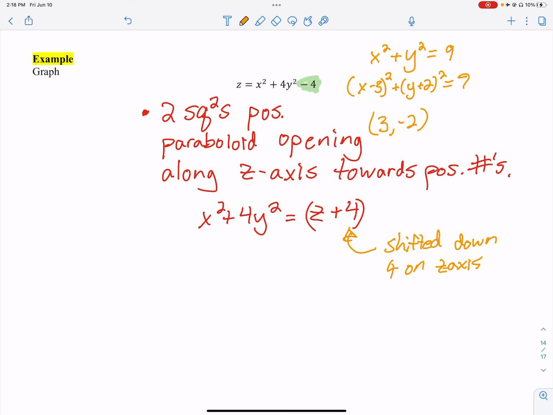The way we pull it out is you would take the opposite. The real reason it's working is that it would take 3 units to make this inside set at 0, and negative 2 units to make that set at 0. So here, it would take negative 4 units to set that at 0, meaning that we would get the actual graph if we moved our full graph down 4.